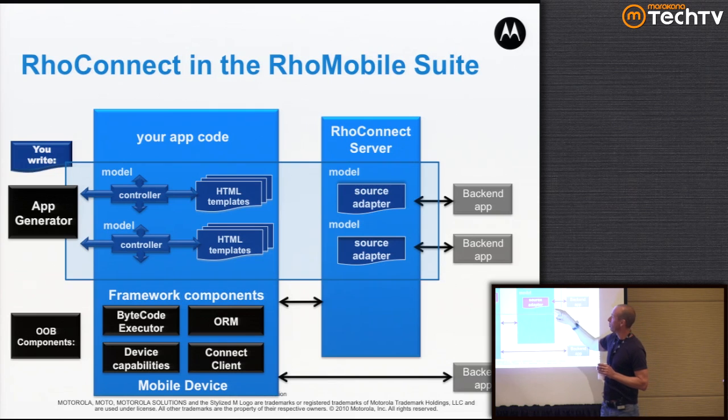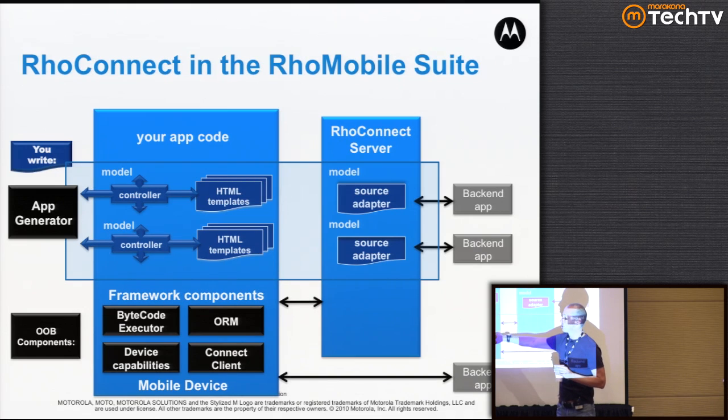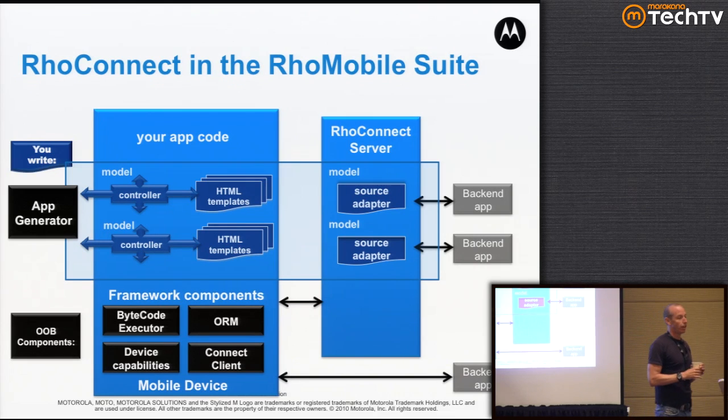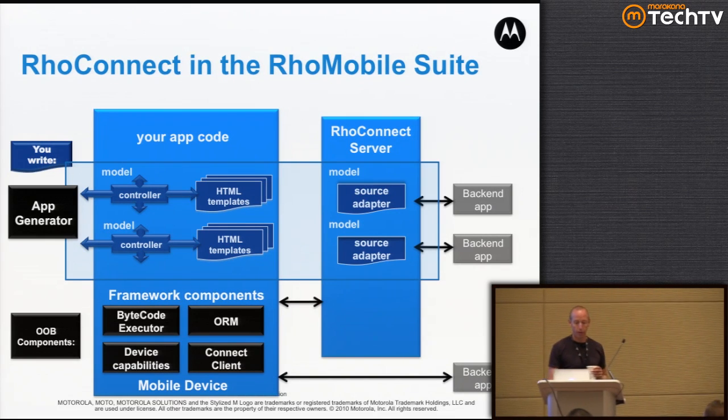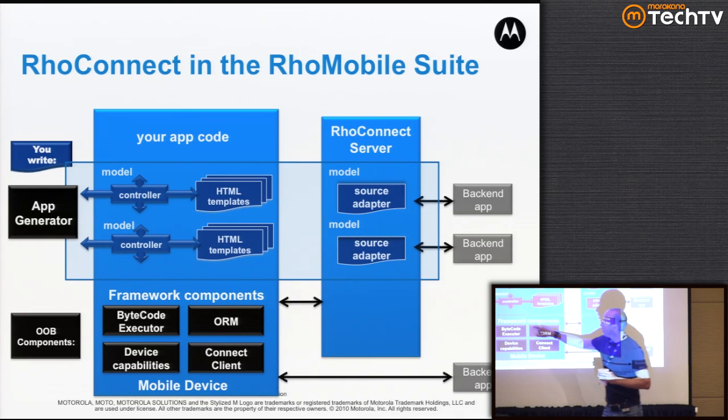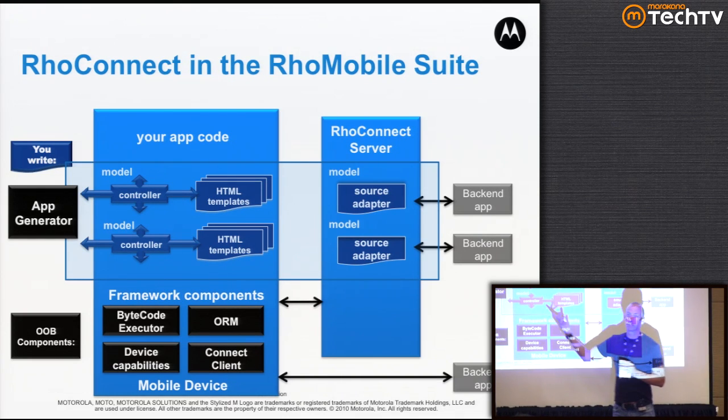But there's a different model where you say, RhoConnect, I'll let RhoConnect handle getting the data from the backend app stored down to the device in this object relational manager. And then we've actually reduced our app code, because now in your controller you're writing code that just retrieves from the ORM.